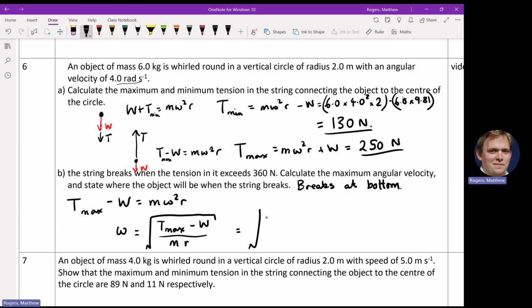So that's the square root of 360 minus 6 times 9.81 over 6 times 2.